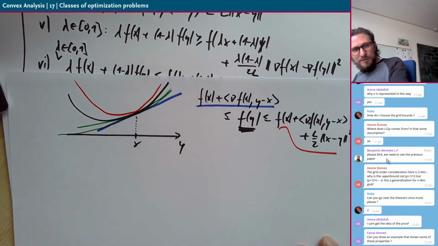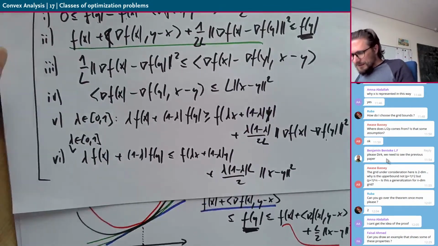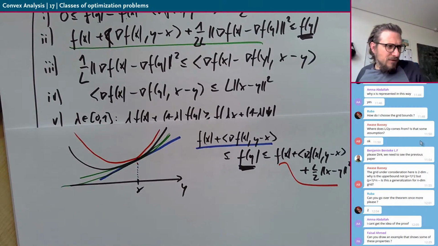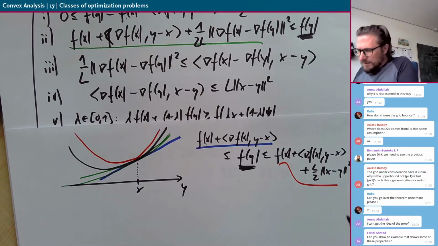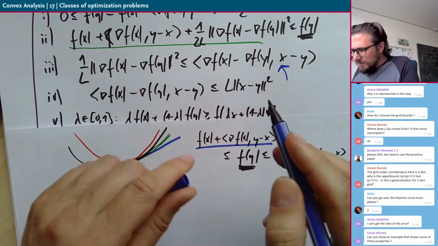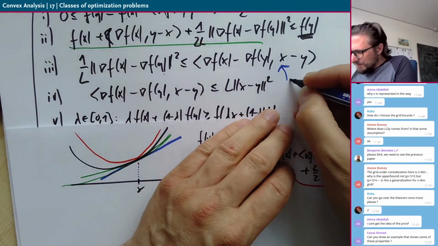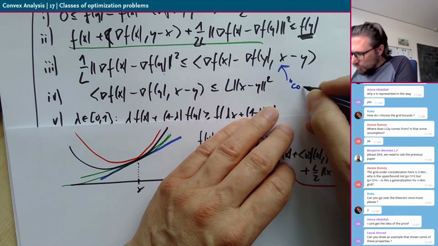One thing I wanted to add is that the property 3, is it 3? Let me check, yeah. This one here, so a lower bound in the distance of the derivatives. This property is sometimes called co-coercivity.